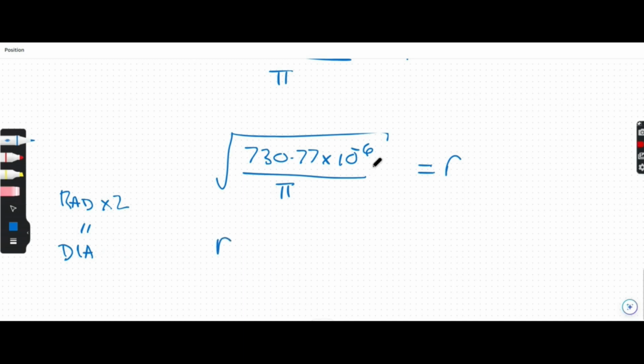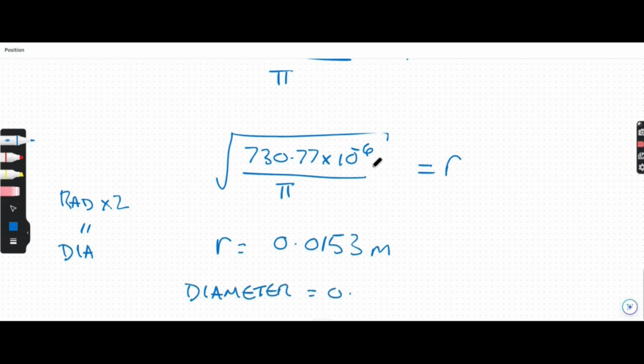My radius comes to be 0.0153 meters. So 730 divided by pi, all square rooted, gives me that, and then my diameter is going to be that times 2.